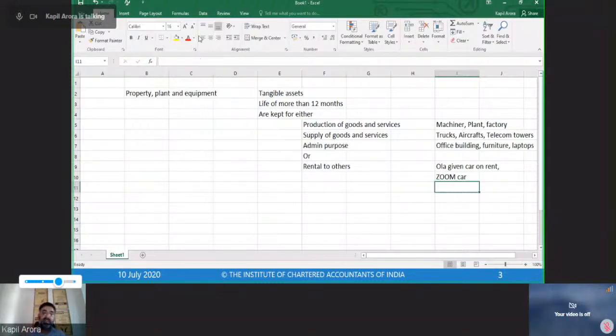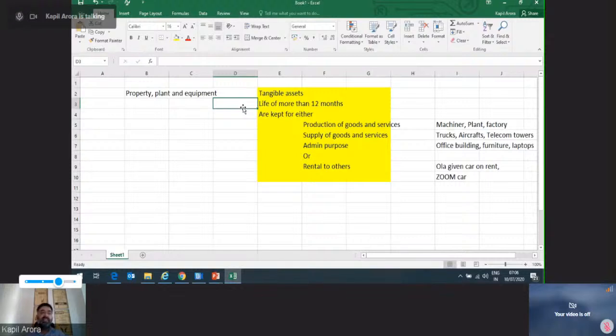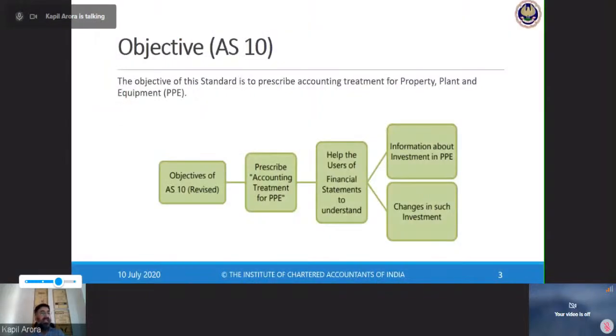When all these parts are satisfied, then the asset would be classified under property, plant and equipment, and AS10 gives the accounting treatment for property, plant and equipment.